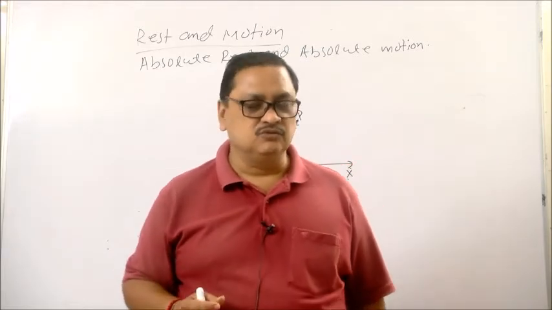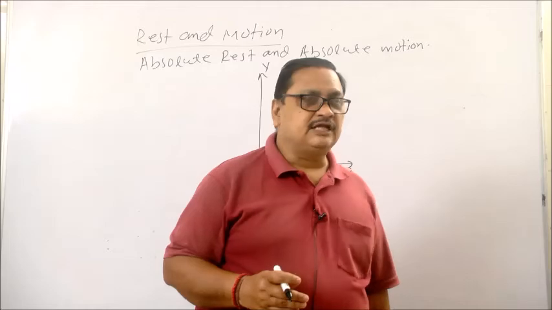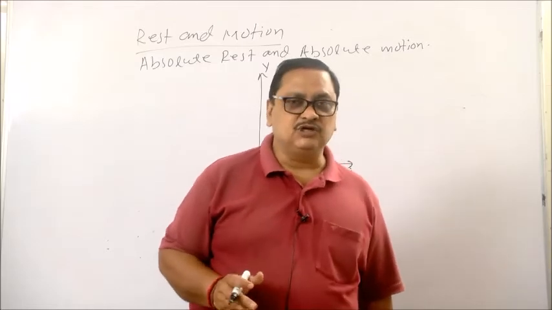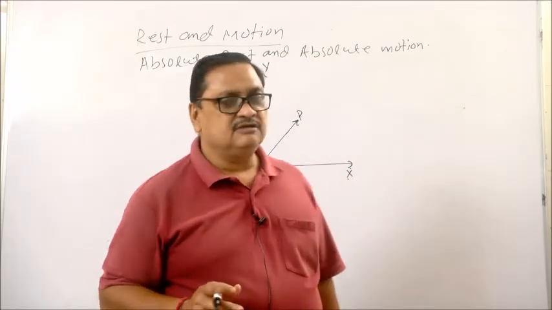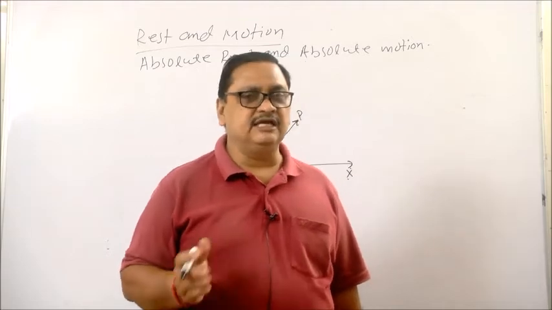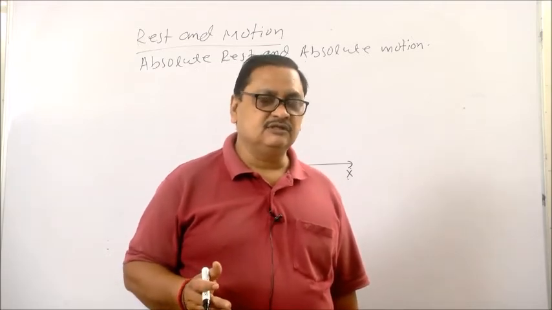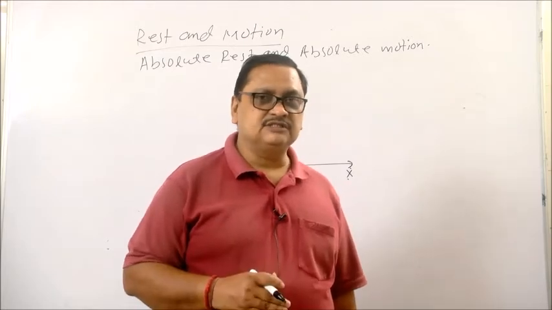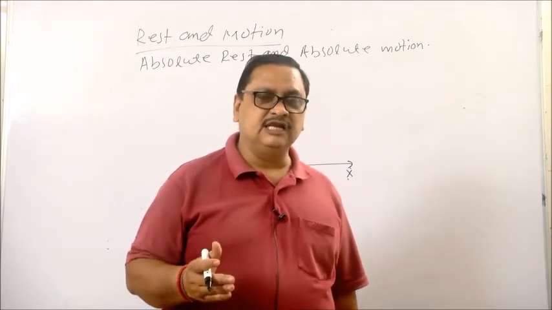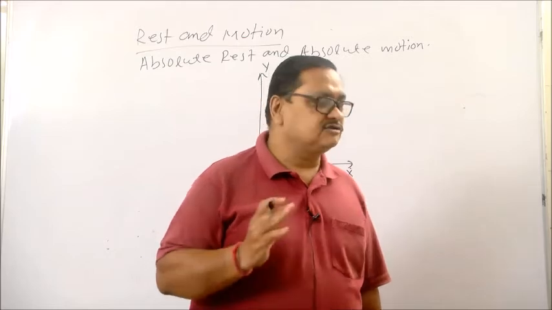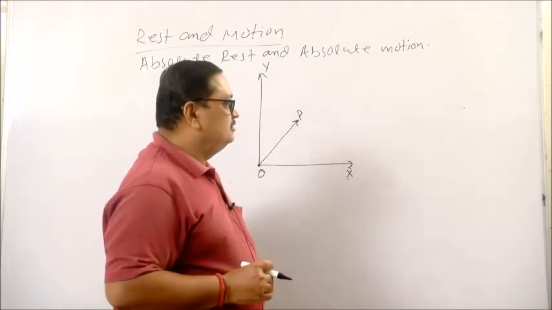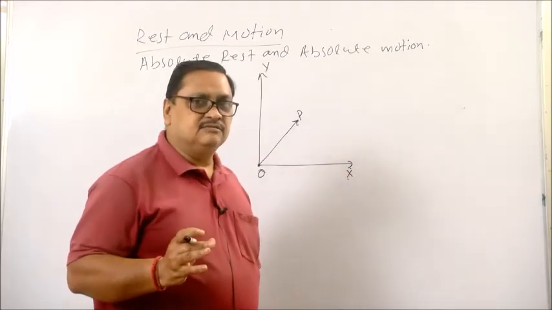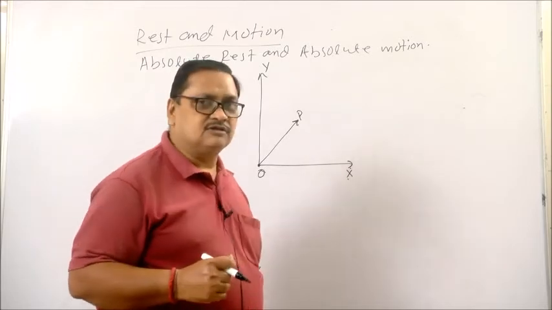So which is true? When the bus is moving, the trees appear in motion, but when the bus is at rest, the trees appear at rest. We cannot say which is absolutely true. The passenger in the moving bus saying trees are in motion is not absolute motion. The passenger outside waiting for the bus saying trees are at rest is also not absolute rest, because the earth is moving around the sun.